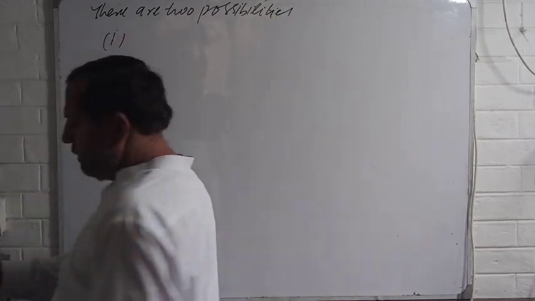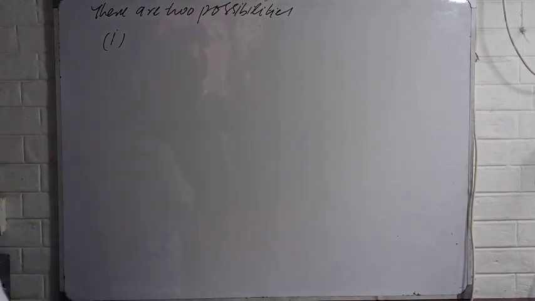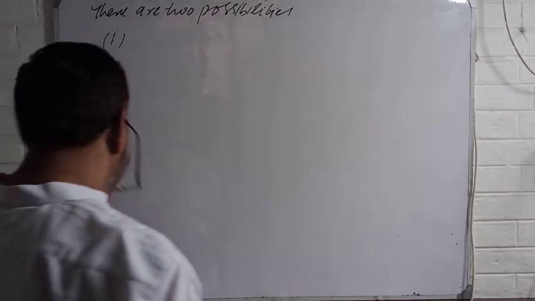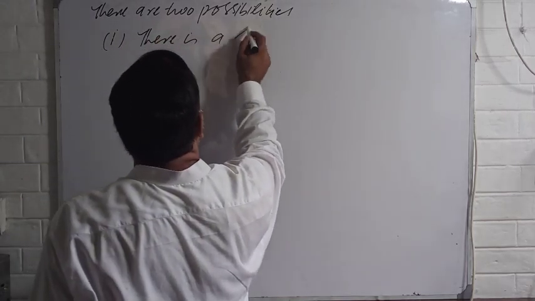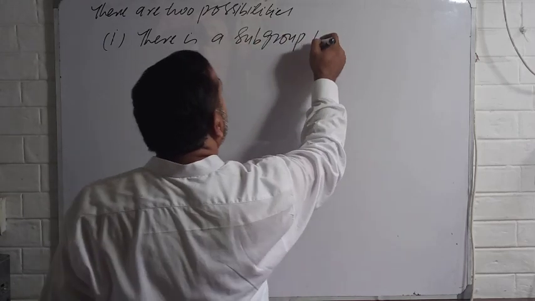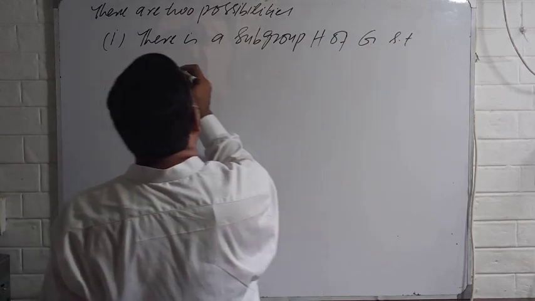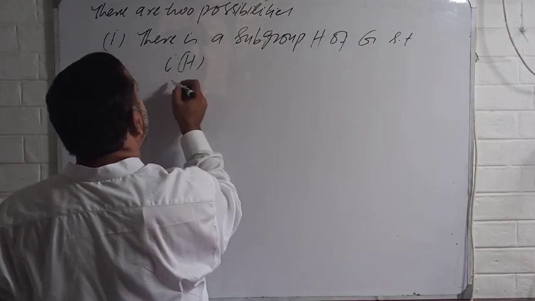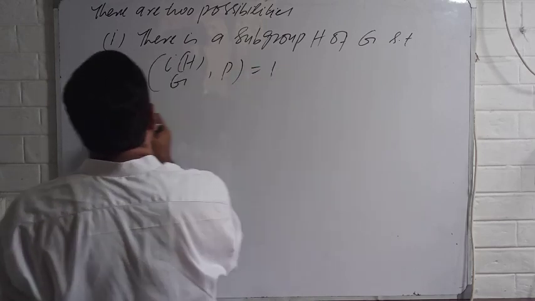Number one, there is a subgroup H of G with index prime to p, such that the gcd of the index of H in G and p is equal to 1.